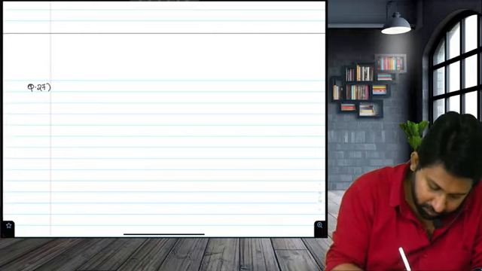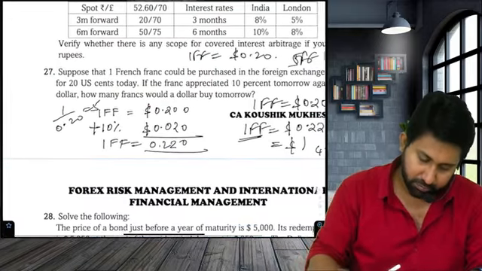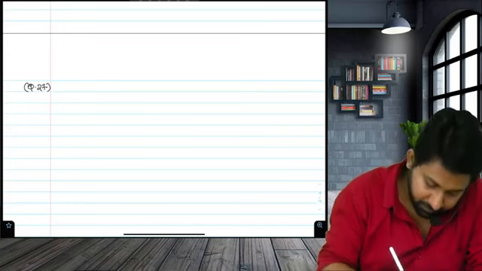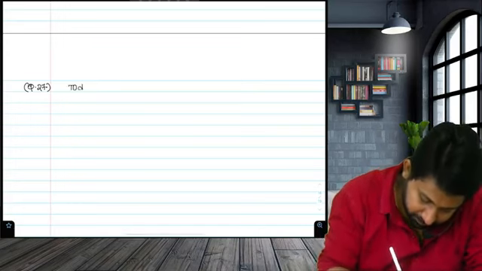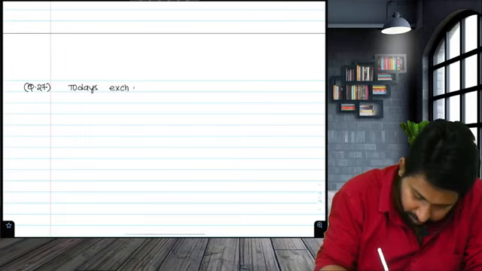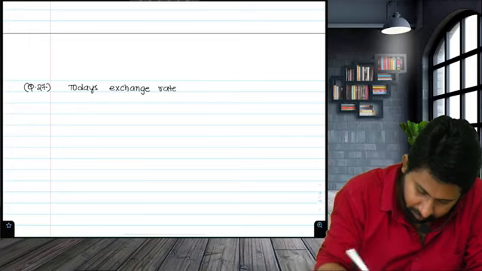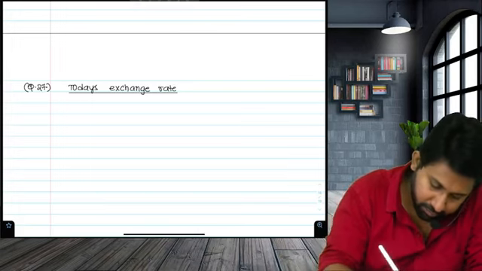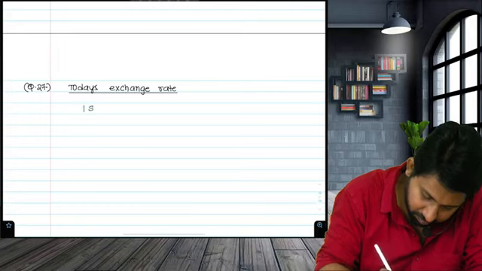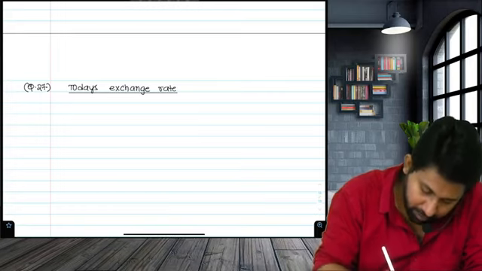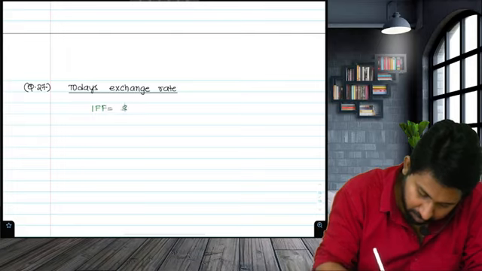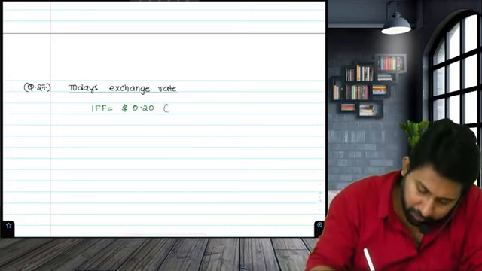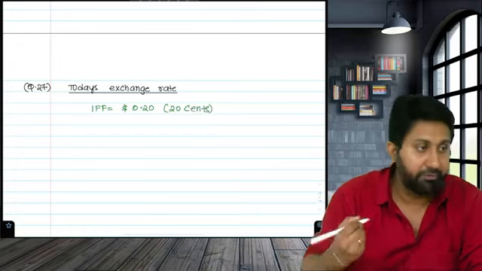Question number 27. Write down. Today's exchange rate, underline it, and below write down: 1 French franc equals $0.2, also called 20 cents.